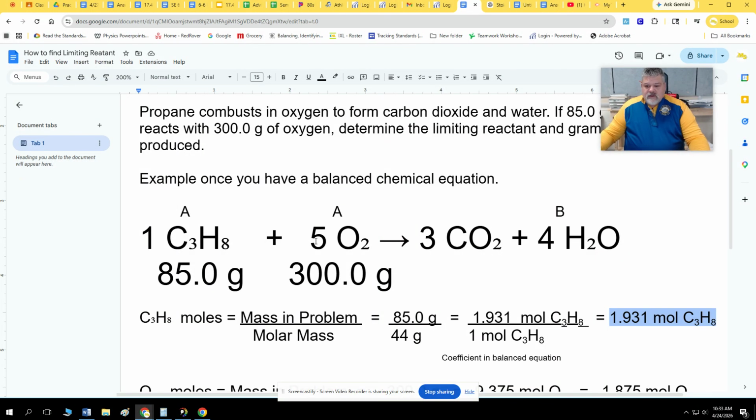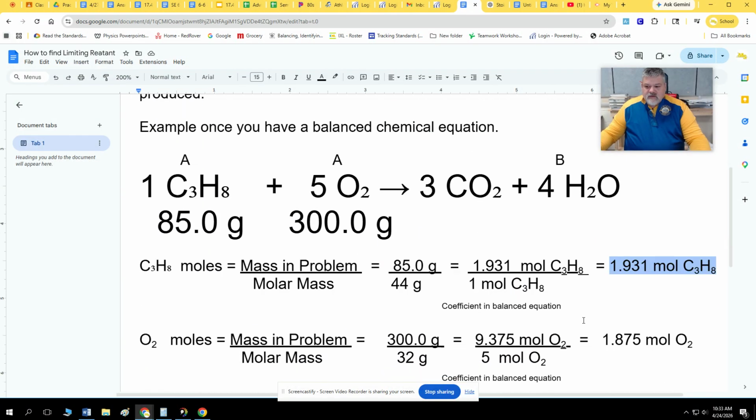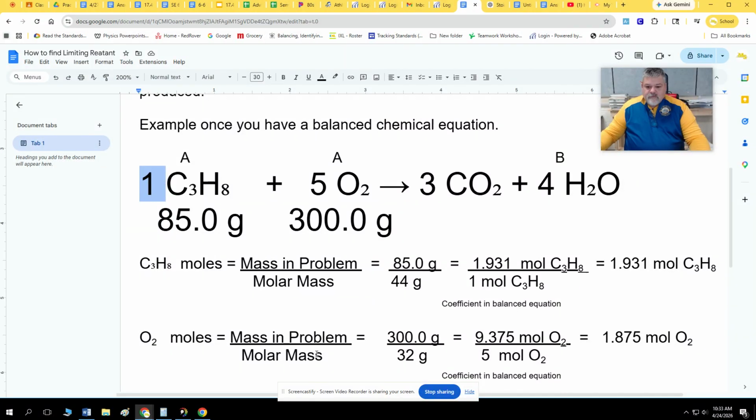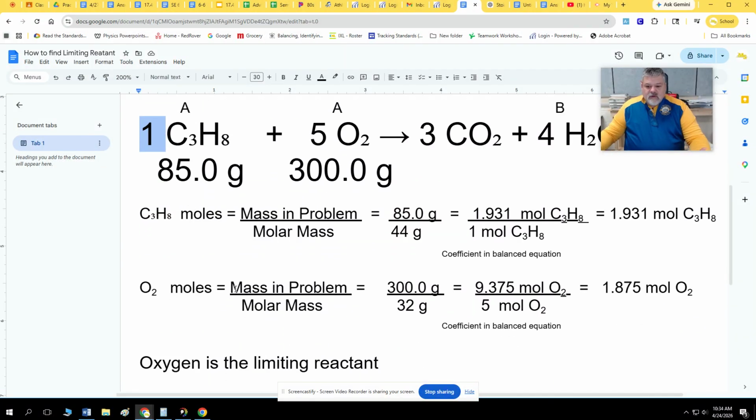So now we've got to calculate the number of moles that are in 300 grams, and then divide by our coefficient, which is 5. So this 1, where did it come from? It was a coefficient in the balanced chemical equation. So now we're going to do oxygen. The mass in the problem is 300. The molar mass of oxygen, O2, is 32.